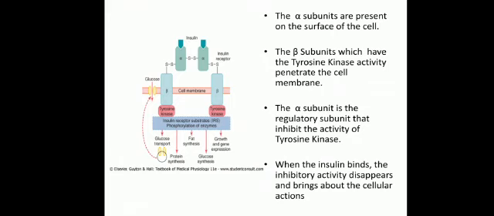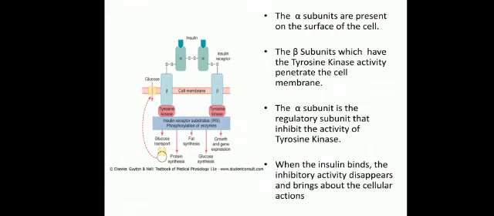So look at the third point on the PPT. The alpha subunit, which is present on the surface of the cell, is the regulatory subunit which inhibits the activity of tyrosine kinase. So when insulin hasn't arrived at this receptor, the alpha subunit is inhibiting the activity of tyrosine kinase.